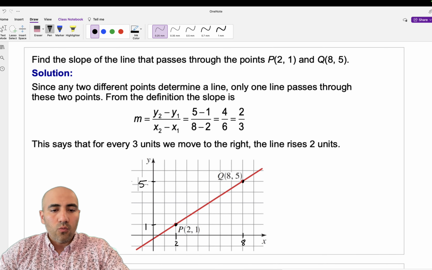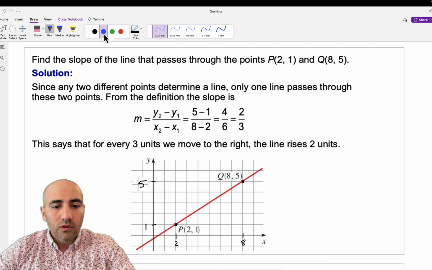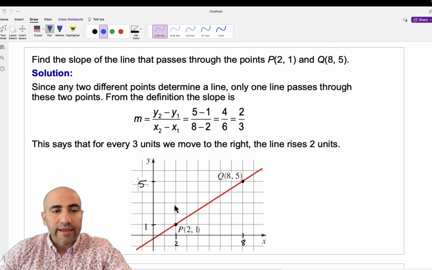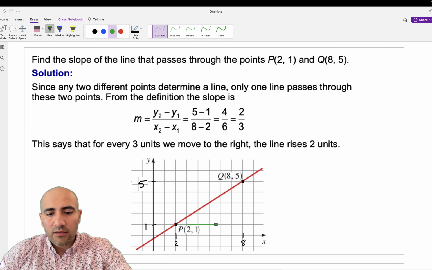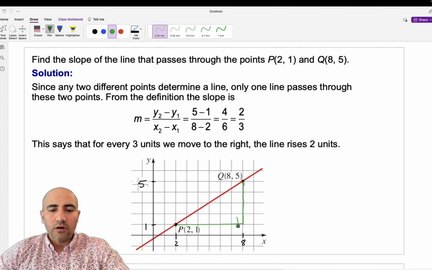5 along the y. So if we wanted to think about the rise over run, we often like to think about these triangles. So grab the 2 points, go across, and then come down. And then that forms a right triangle right here, where this represents the run and this represents the rise.